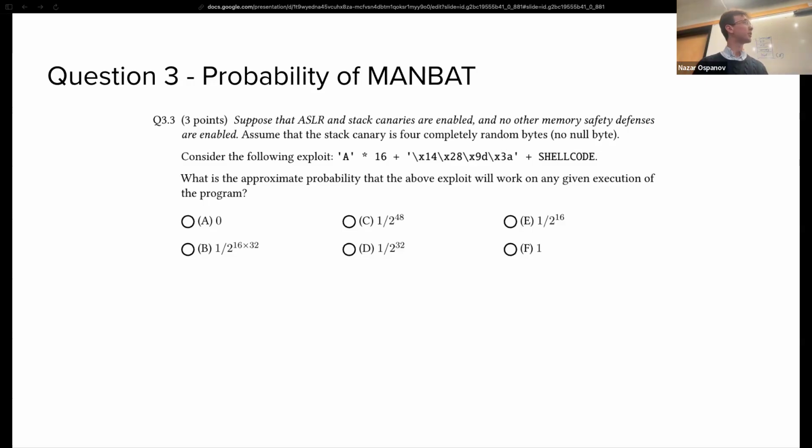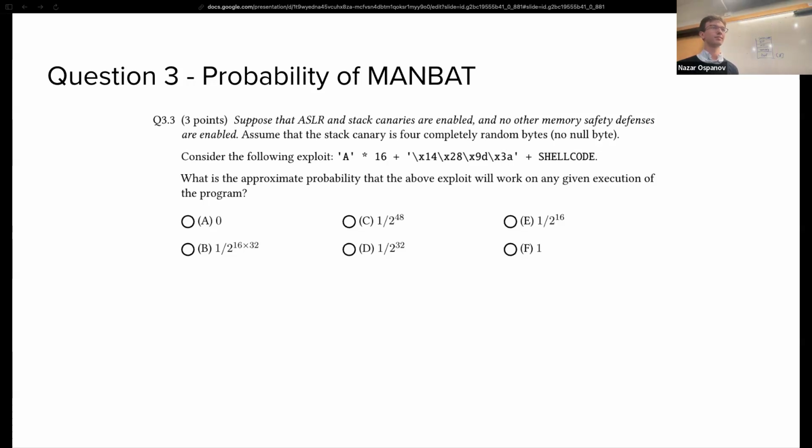All right. Does anybody want to try to attempt this question? Yes? We're going to override a canary, and the probability of doing that is 1 over 2 to the 32. And then in the previous part, we already found that the probability of the address of the shellcode being that particular address is 1 over 2 to the 16.